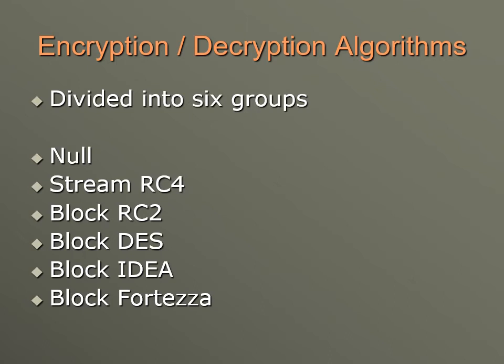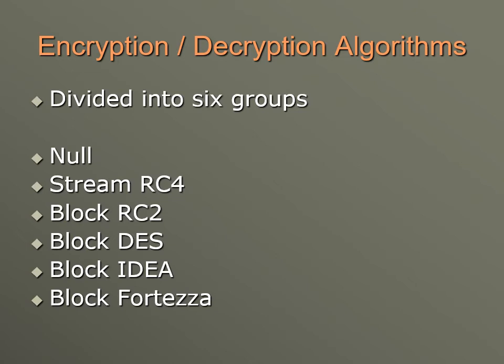The different encryption and decryption algorithms used by SSL can be null, stream RC4, block RC2, block DES, block IDEA, and block Fortezza. In the case of null, the category simply defines that no encryption or decryption algorithm is used. Whereas stream RC4 is a stream cipher, and two RC4 algorithms are defined in stream mode, that is RC4 40, where a 40-bit key is used, and RC4 128, where a 128-bit key is used.